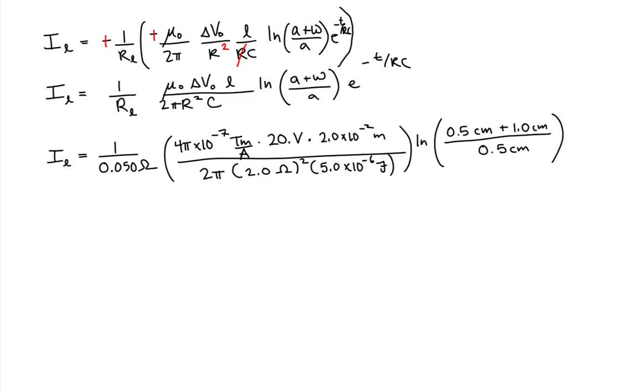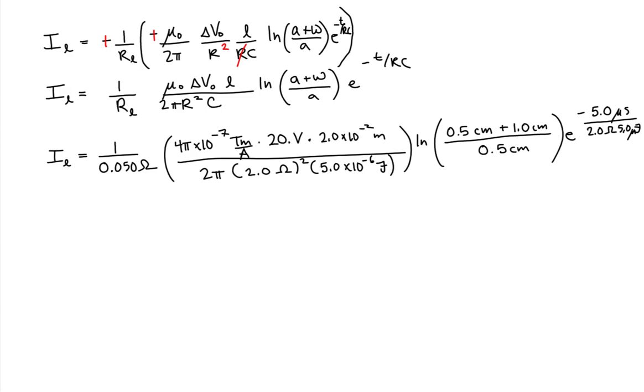And this is multiplied to the exponential e raised to the minus t for time. Well, the time is 5.0 microseconds, and this is divided by the product of the resistance and the capacitance. Well, the resistance is 2.0 ohms, and the capacitance is 5.0 microfarads.